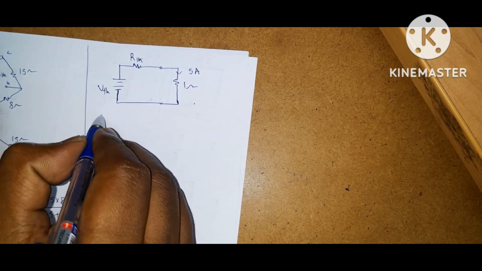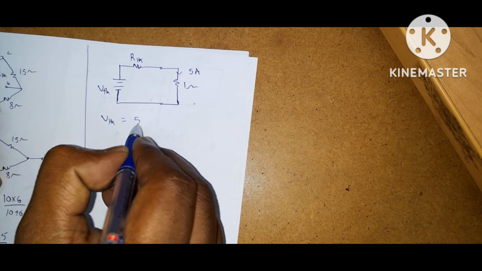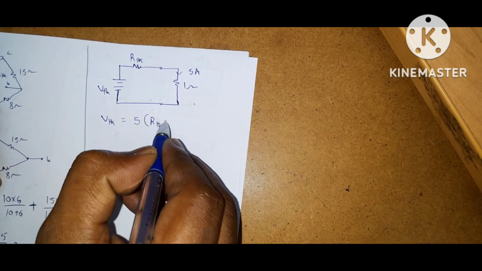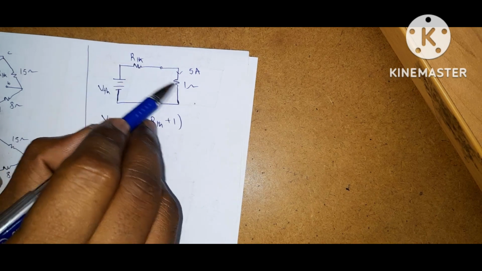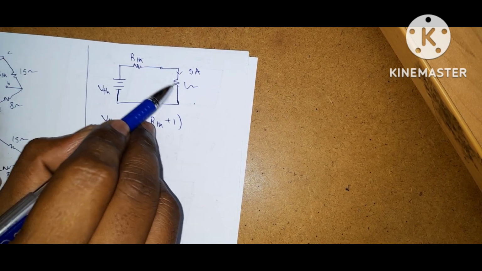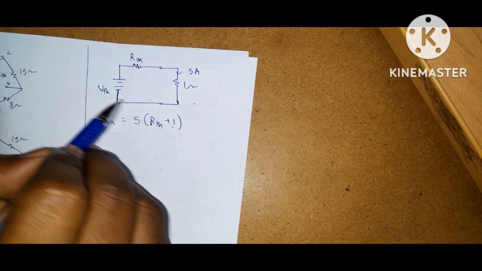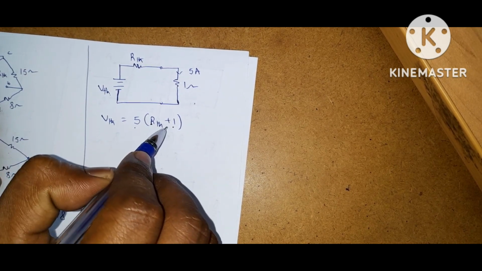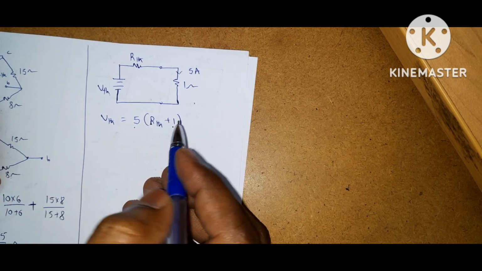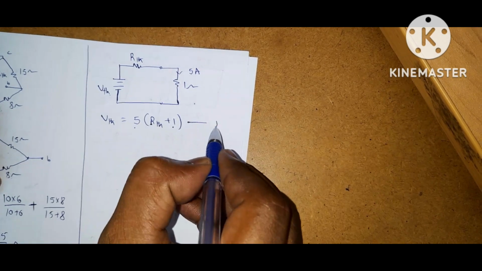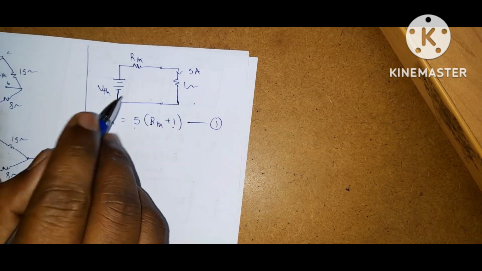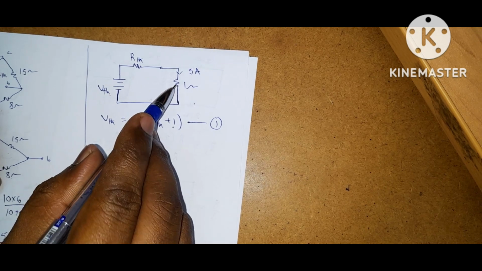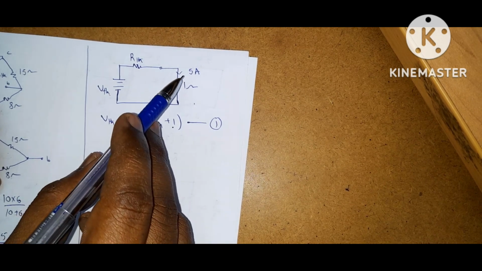Now what is the equation? VThevenin is equal to 5 into RThevenin plus 1. The two resistors are connected in series, so V equals IR, where I is 5 amps and R equivalent is RThevenin plus 1 ohm. Let this be equation 1. Now if a 2 volt source is connected, then the current is 7 amps.